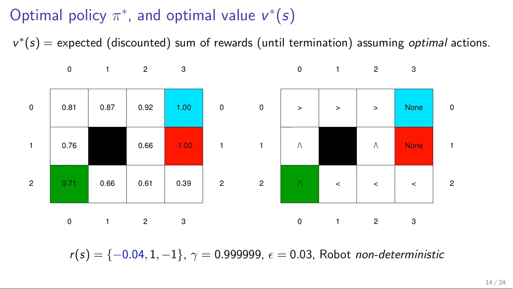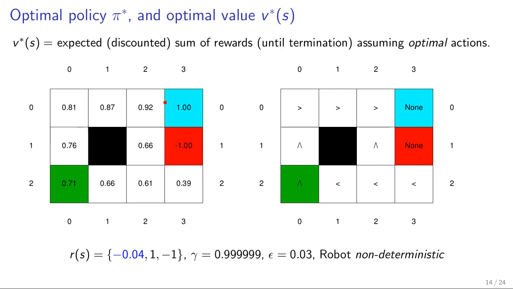For one, you may be very unfortunate and end up here, but also you get more of these living penalties. Even though you really want to go this way, there's a 20% chance that you will not go there, and you either stay because you hit the wall, or you want to go here but it sends you there. That means you accumulate more living penalties.